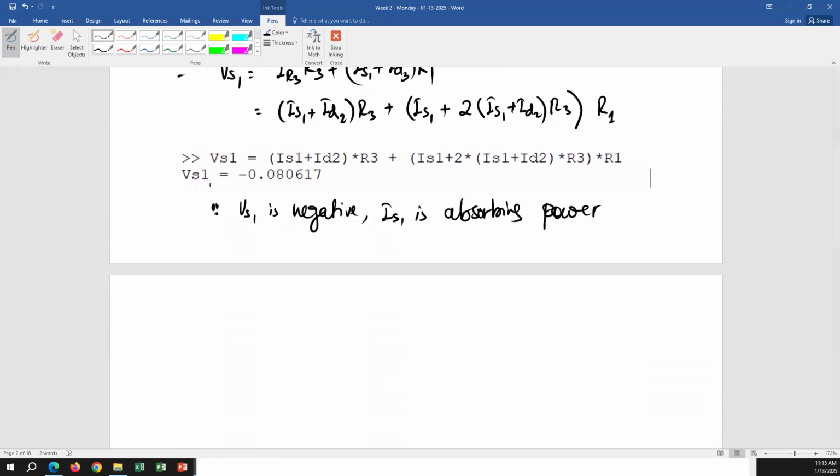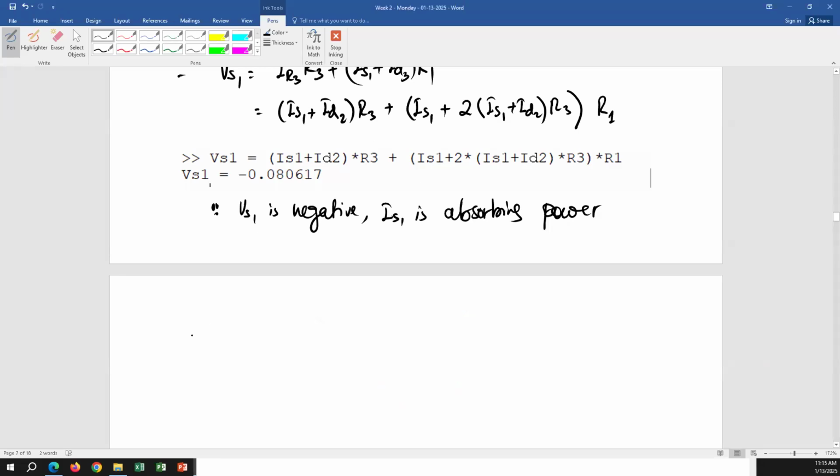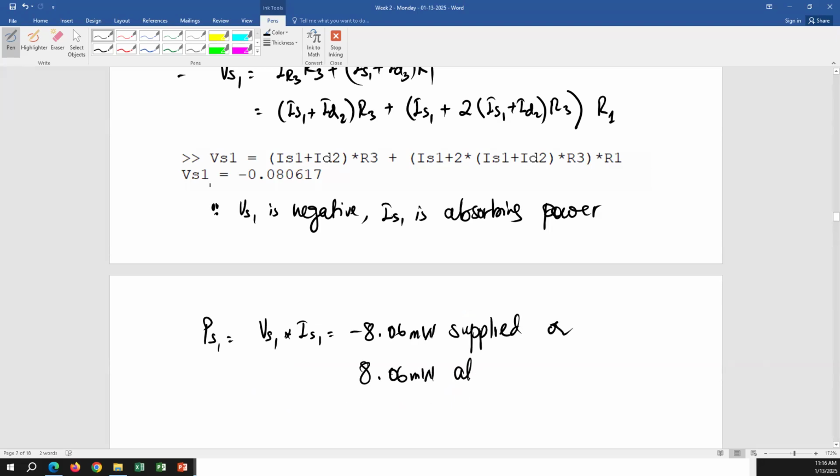So how much power is it absorbing, or how much negative power is it supplying? PS1 equals VS1 times IS1, negative 8.06 milliwatt supplied, or 8.06 milliwatt absorbed.